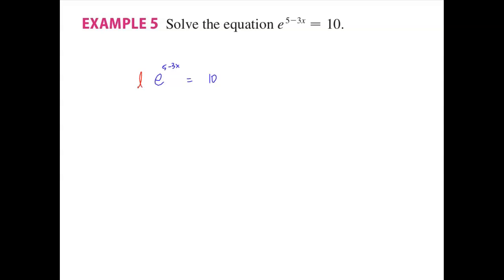I can take the natural log of both sides of this equation. Now, what is, on the left-hand side, natural log of e to the 5 minus 3x going to simplify to? In the chat, if you can.